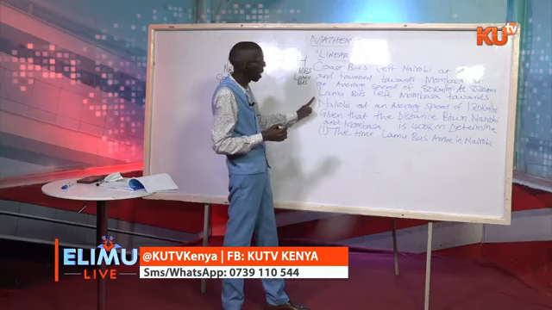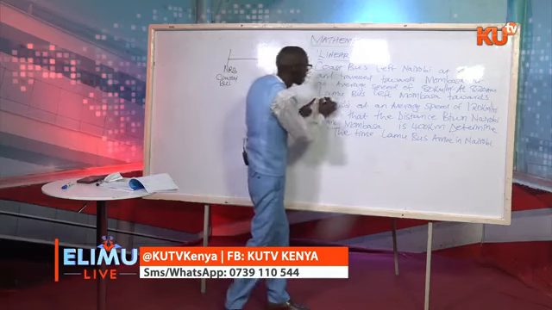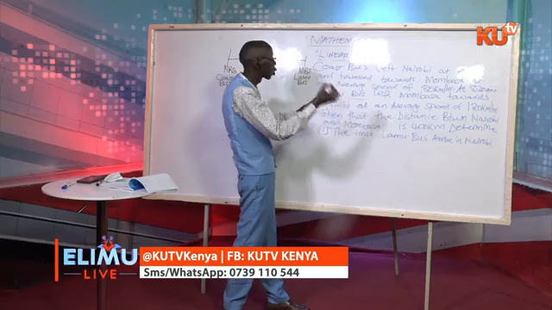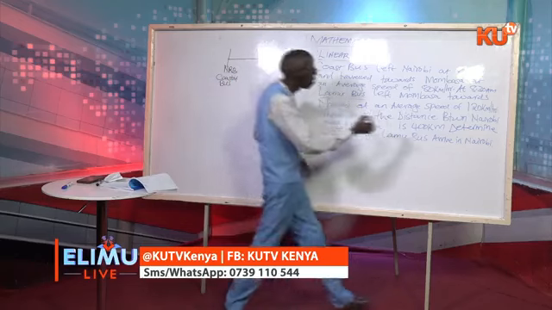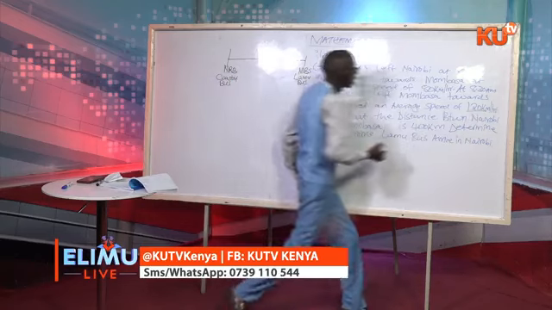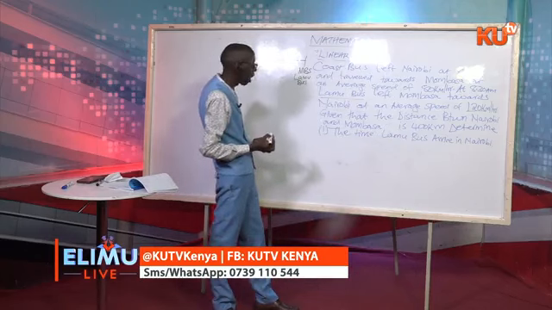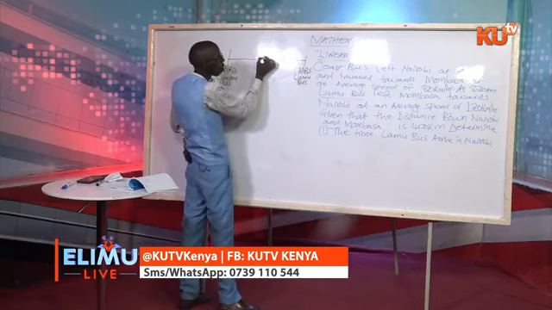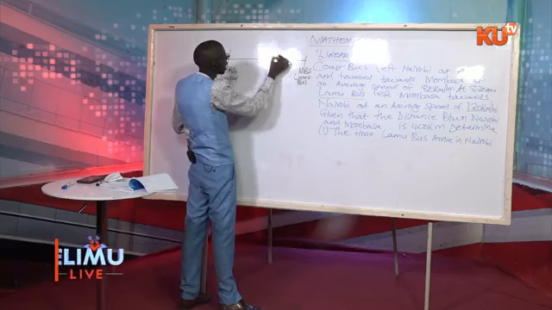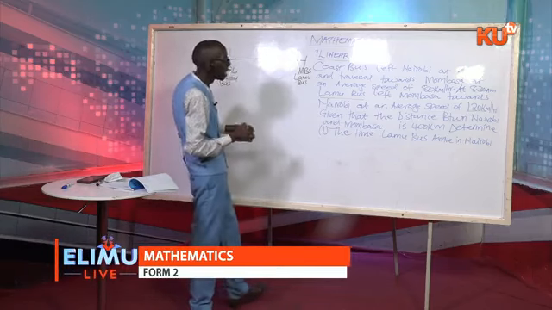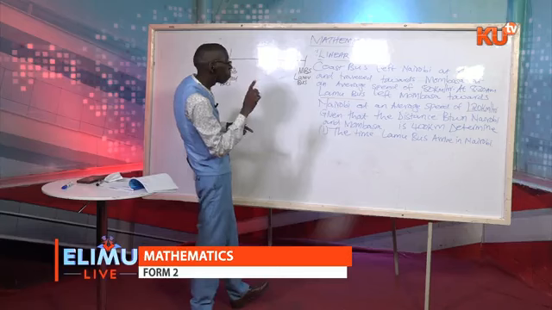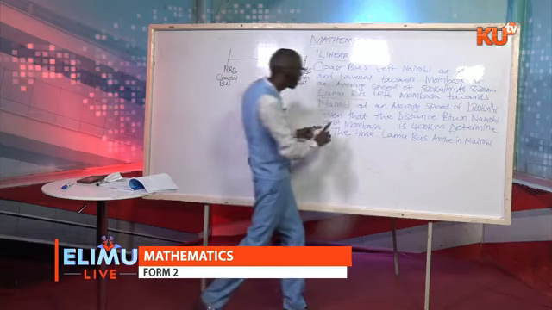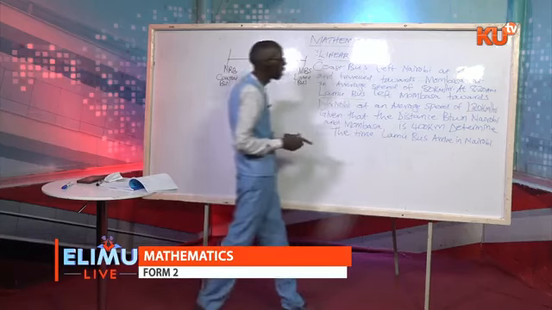At 8:30 a.m., Lamu bus left Mombasa towards Nairobi at an average speed of 120 kilometers per hour. Given that the distance between Nairobi and Mombasa is 400 kilometers, determine the time Lamu bus arrived in Nairobi.